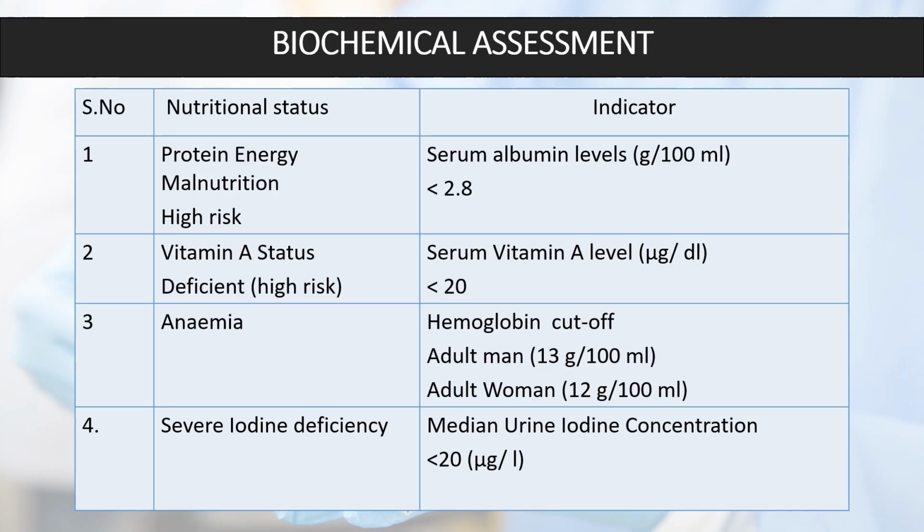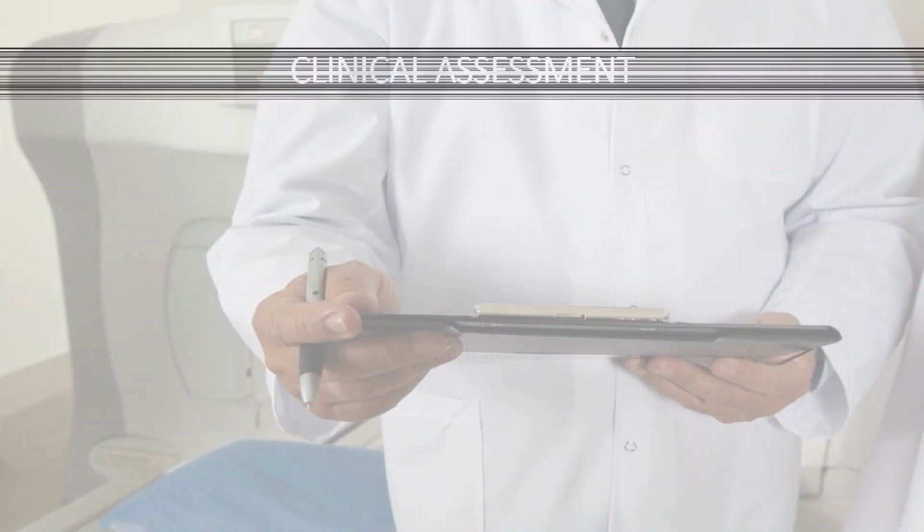So, we need to assess the hemoglobin level in the blood, and we can then classify individuals into different grades of anemia. Likewise, severe iodine deficiency we can assess by looking at the median urine iodine concentration, and a value less than 20 micrograms per liter is indicative of severe iodine deficiency. These are confirmatory tests. So, that was biochemical assessment. Let us move to the next, which is clinical assessment, the third method.